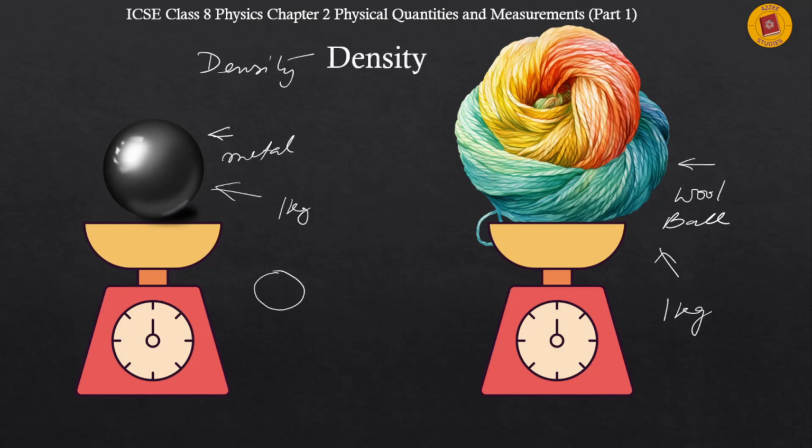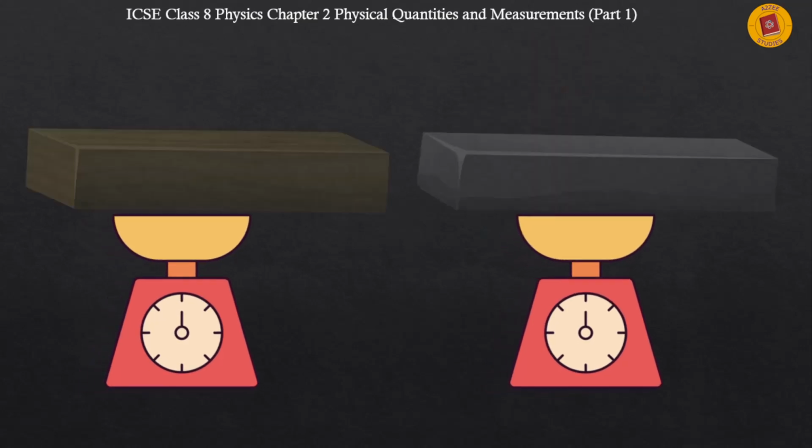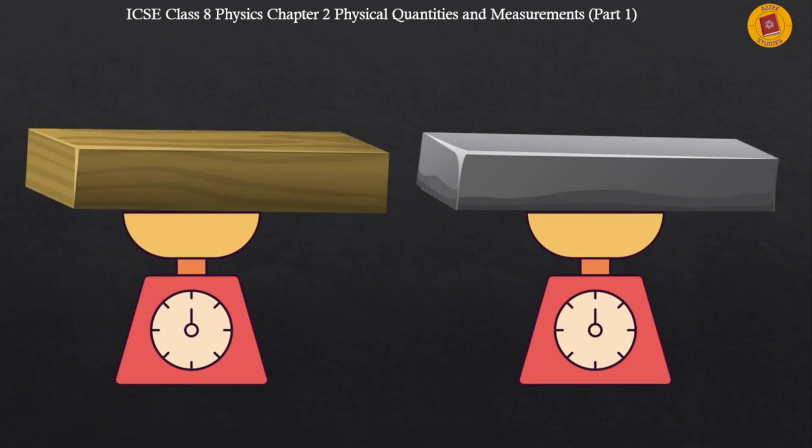Now let's move on to the second scenario. Here we have the same dimensions, two bars, one made of wood and this one made of metal, iron or copper, whatever.